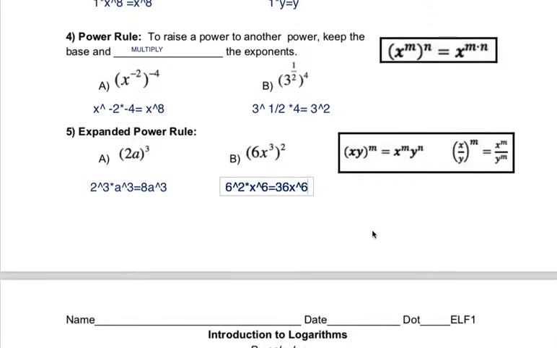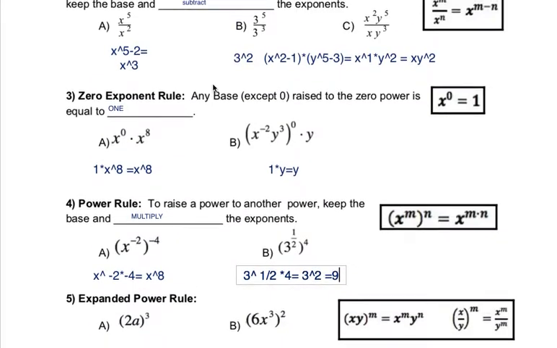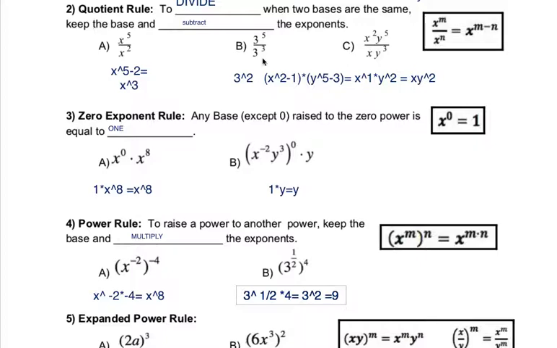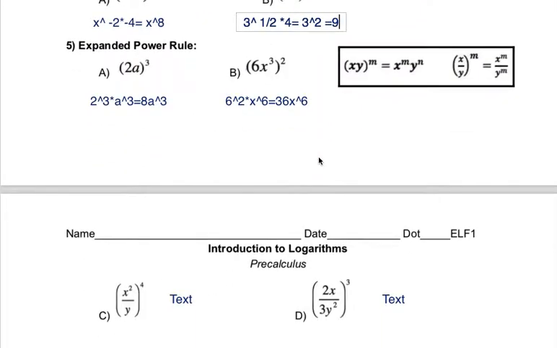And for these up here, I can simplify these. I forgot to do that. So 3 squared equals 9. If you went through and did these already, that's great. Here again, 3 squared equals 9. 2 to the 6th power is 2 times 64, I believe. So if you went through and did those already, good for you.